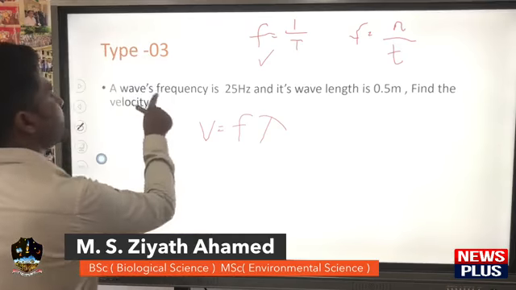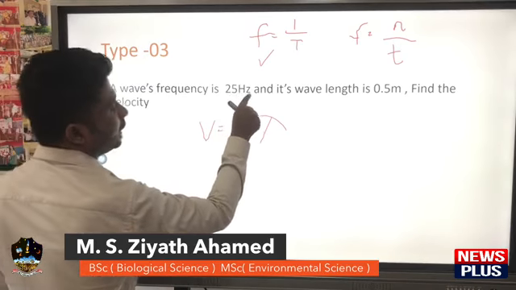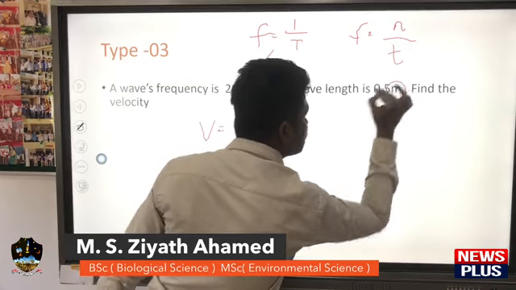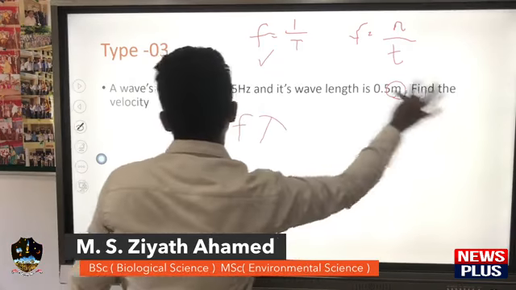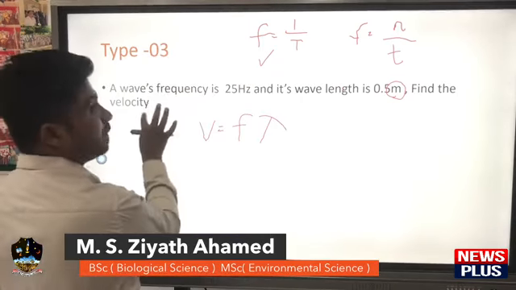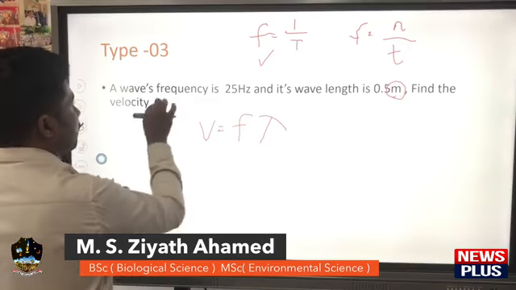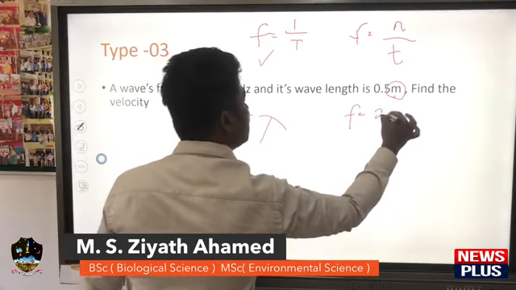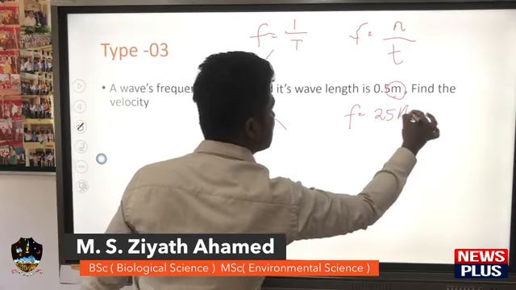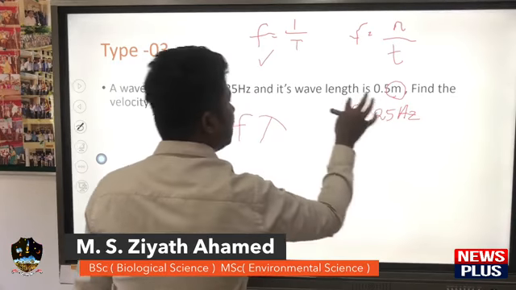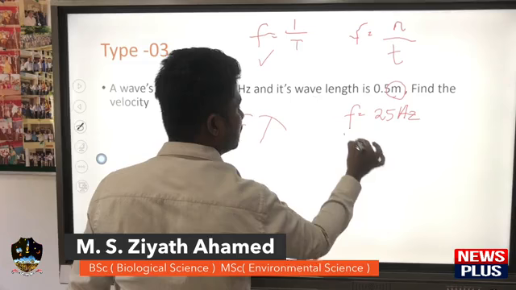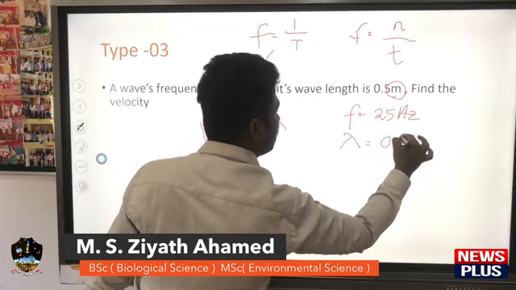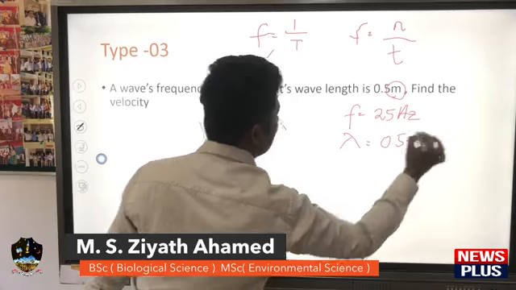So a wave's frequency is 25 hertz and its wavelength is given in meter. That is very important. Find the velocity or speed of this wave. What is given? F is given, that is 25 hertz, and wavelength lambda is given, that is 0.5 meter.